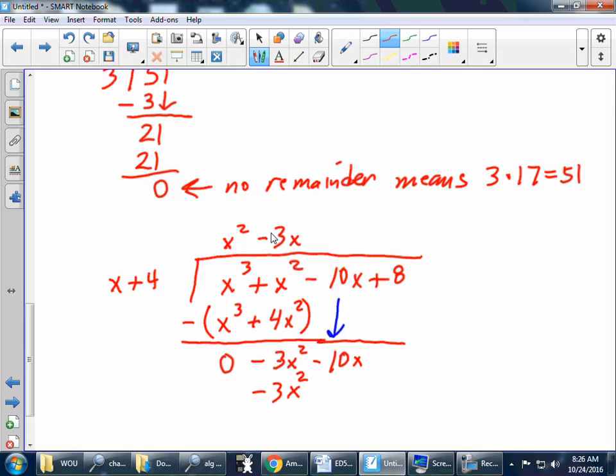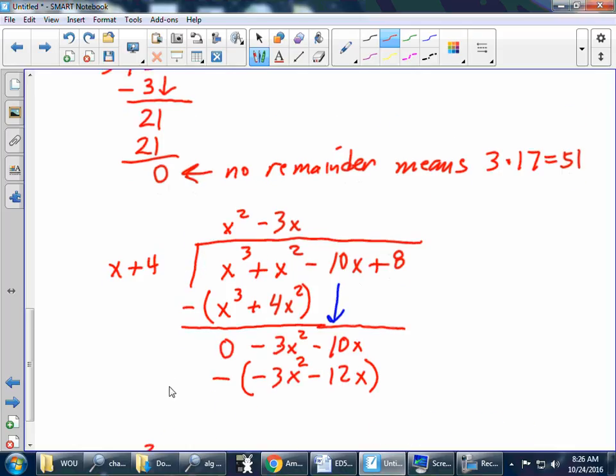And then I have to go negative 3x times 4. What's that, Maggie? Negative 12x. And again, be careful. This is the part that can cause problems. You're going minus everything.